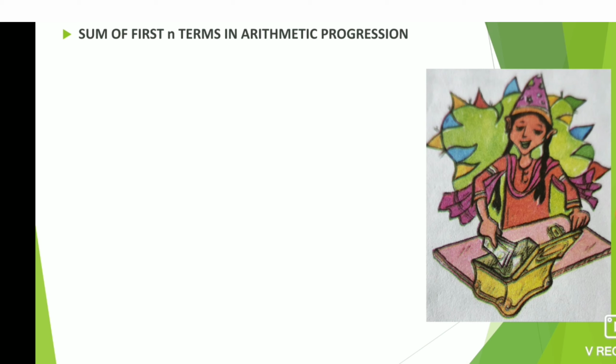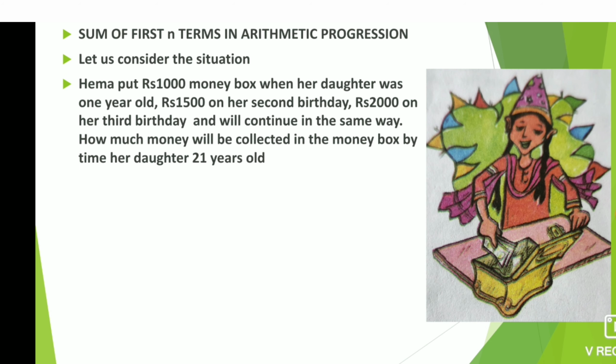Sum of the first n terms in the arithmetic progression, the next concept, children. This can also be understood by using a daily life example. Let us consider the situation. Hema put rupees 1000 in a money box when her daughter was 1 year old, and rupees 1500 on her second birthday, and rupees 2000 on her third birthday, and will continue in the same way.